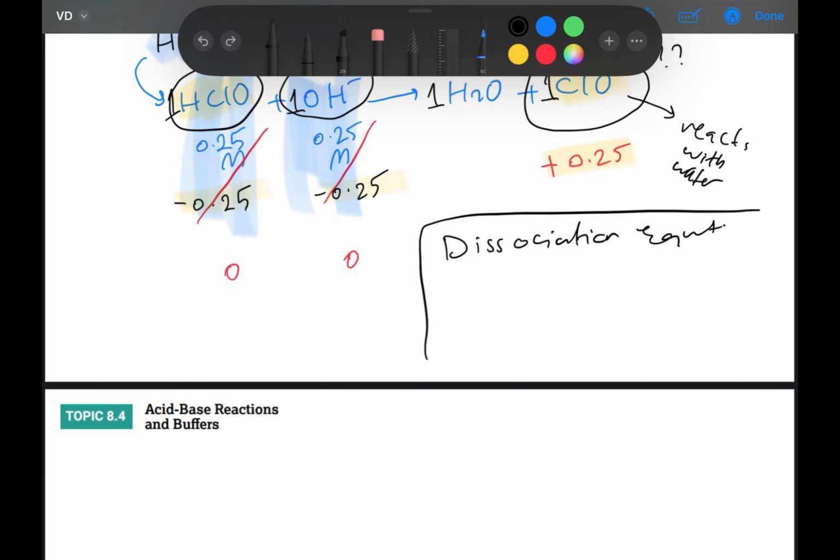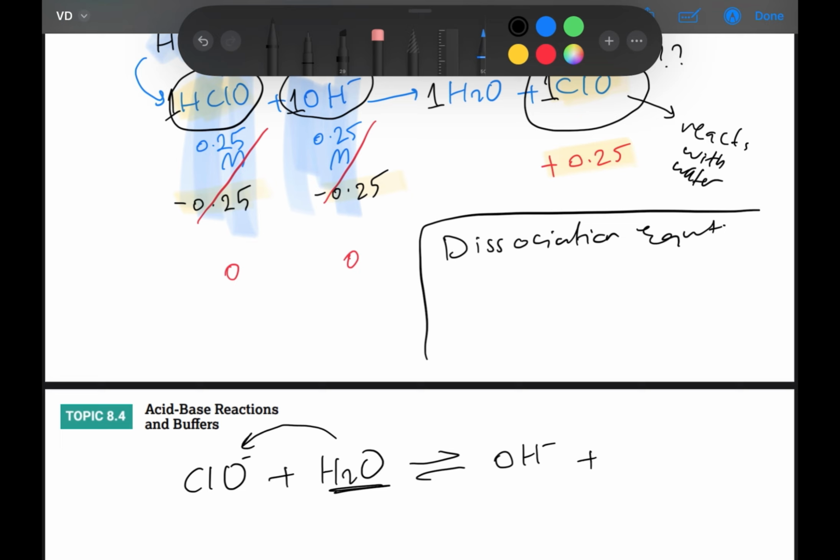Since the ClO negative here is not an acid but a base, if we dissociate it with water, it will produce OH negative. Remember from the definition of bases, they have the ability to produce OH negative. And if it produces OH negative, it means the water lost one hydrogen, and this hydrogen is donated to ClO negative.